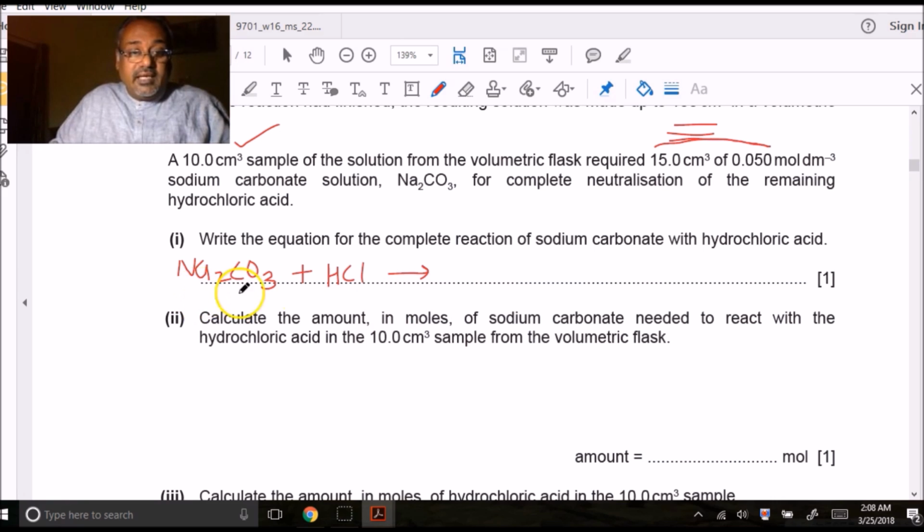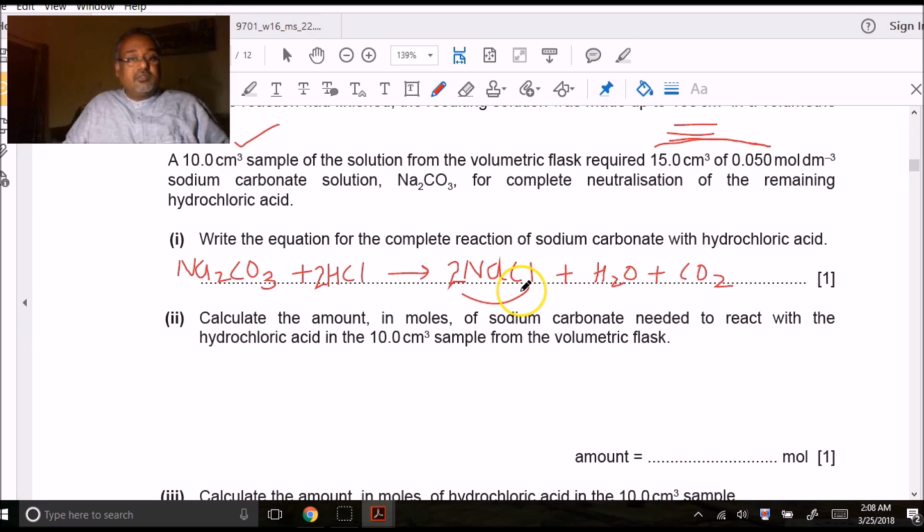The salt: Na combines with Cl, and keeping in mind that the valency of Na is 1 and Cl is 1, it's NaCl, plus water plus carbon dioxide. Don't forget to balance the equation. I have 2 sodium here, so to make this 2 I need to put 2 in front. Because of that, I have 2 chlorines, so to balance I put 2 here. That makes my hydrogen 2, and the oxygen should also be balanced.